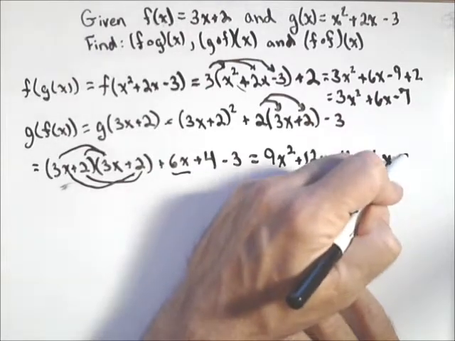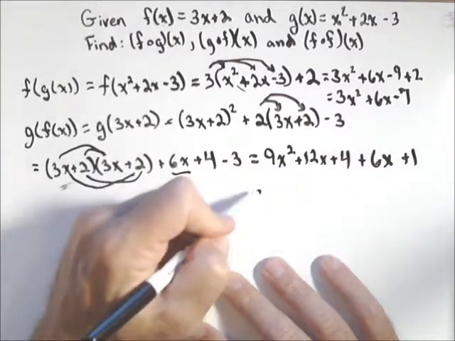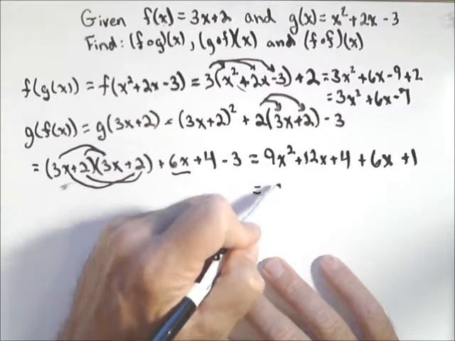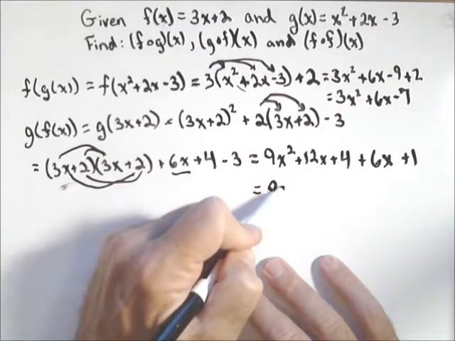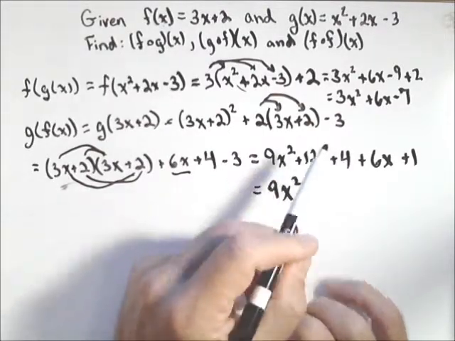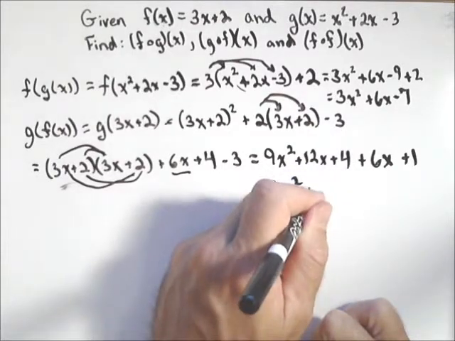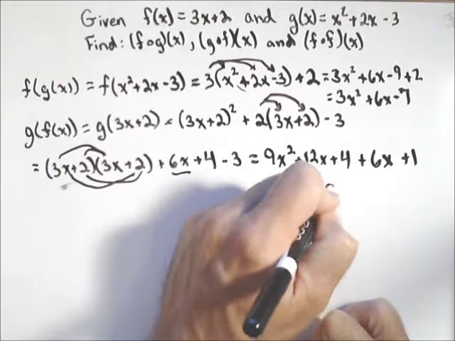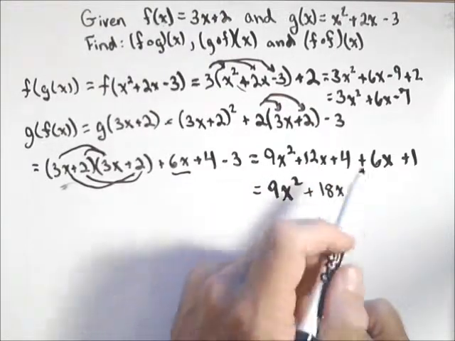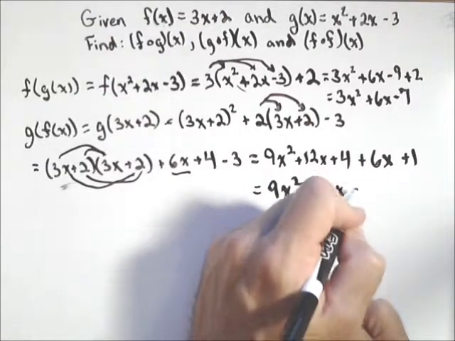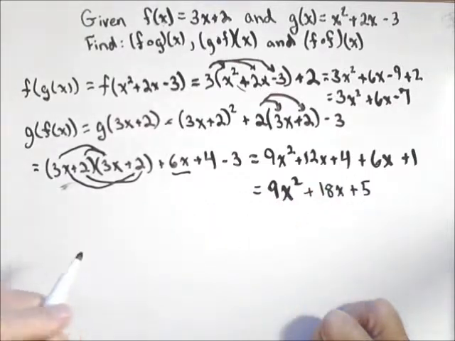Let's go ahead and combine those. That's a plus 1. And so, when all's said and done, we have 9x squared, a positive 12x and a plus 6x, so plus 18x, a plus 4 and a plus 1, so plus 5. So there's our g of f of x completely simplified.